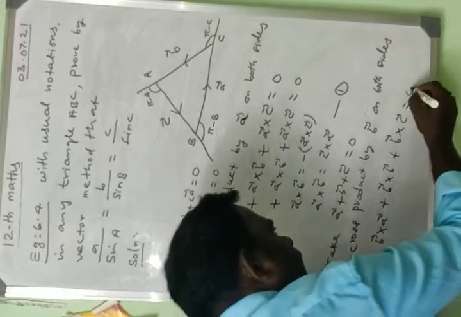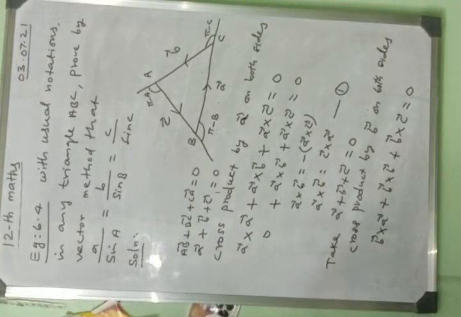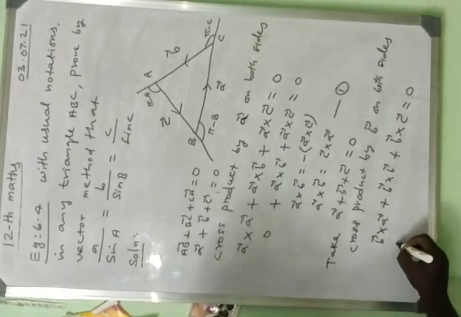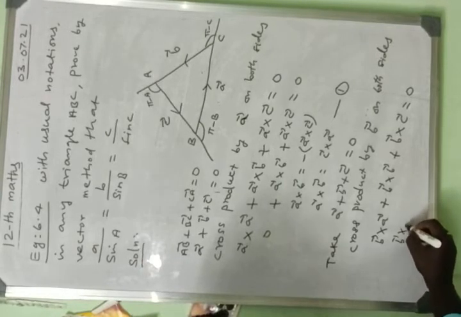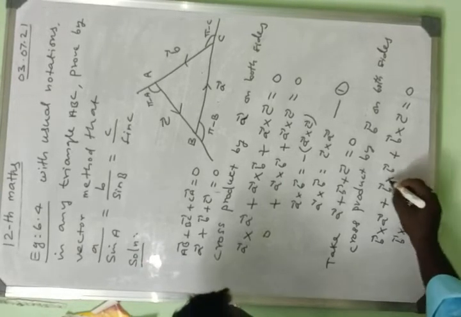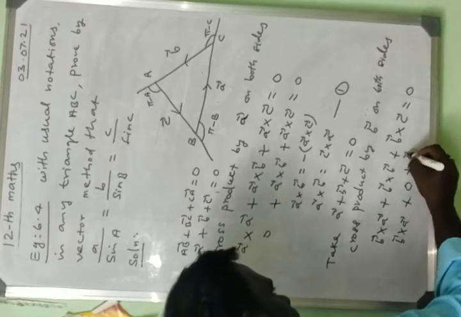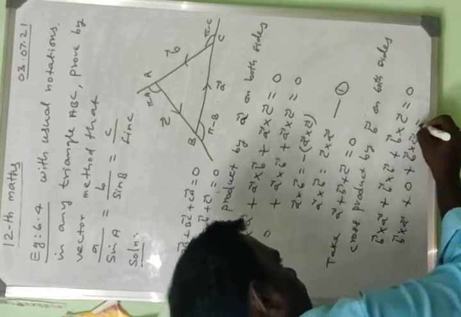The vector B cross B total value is 0, so we write vector B cross vector A plus 0 plus vector B cross vector C equal to 0.